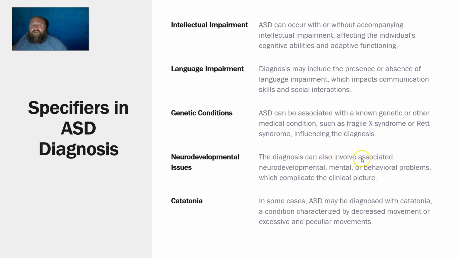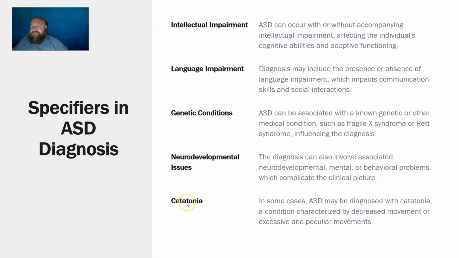The diagnosis can also involve associated neurodevelopmental, mental, or behavioral problems, which complicate the clinical picture. We'll talk a little bit about some of the co-occurring disorders, which are separate from specifiers, because with a co-occurring disorder, a person actually meets full criteria for 2 separate disorders. But I'll get to that in a second.